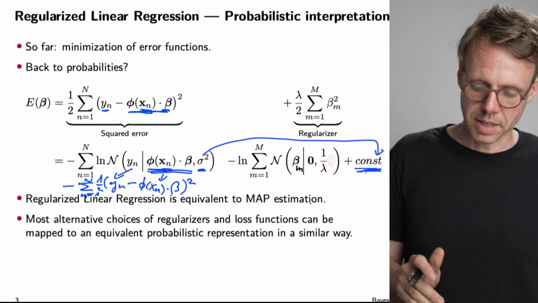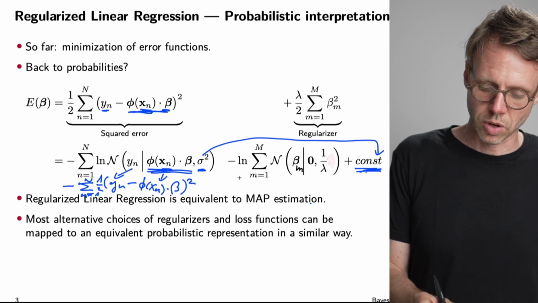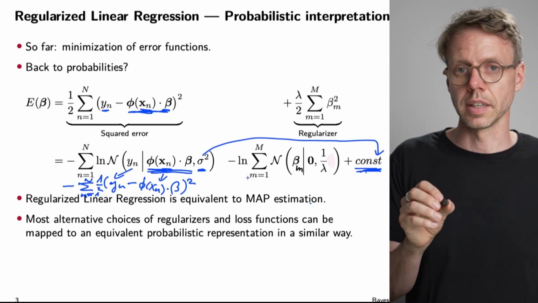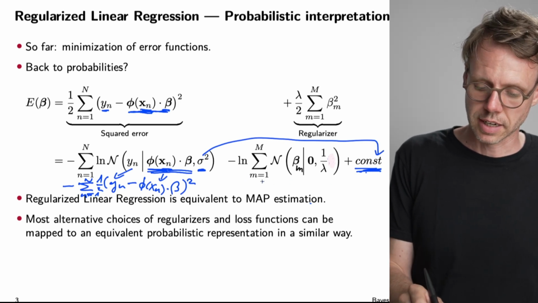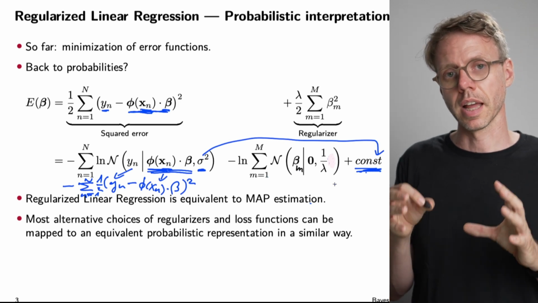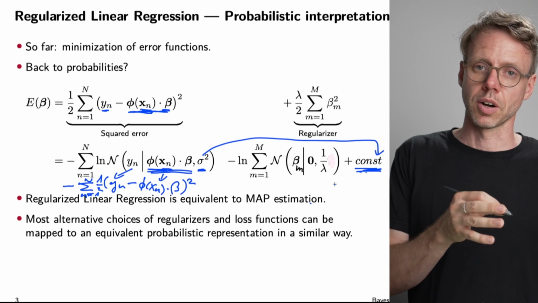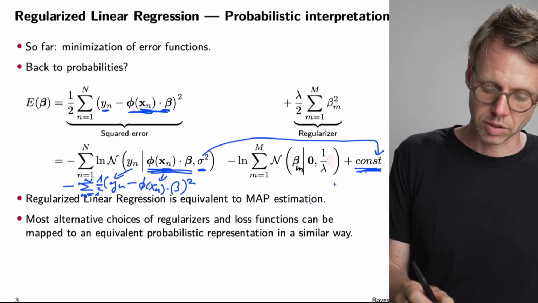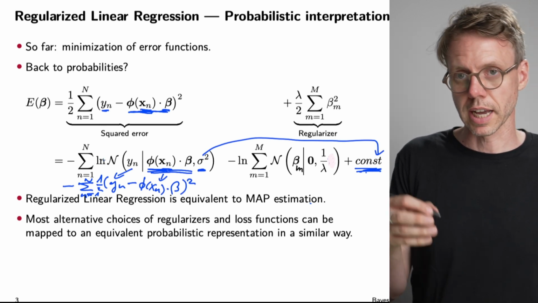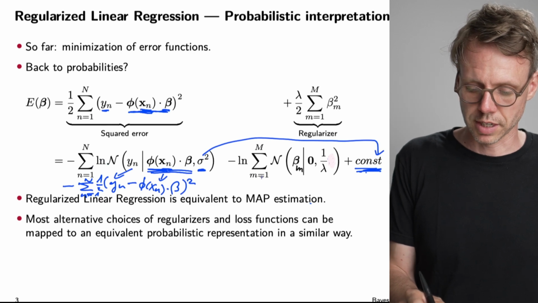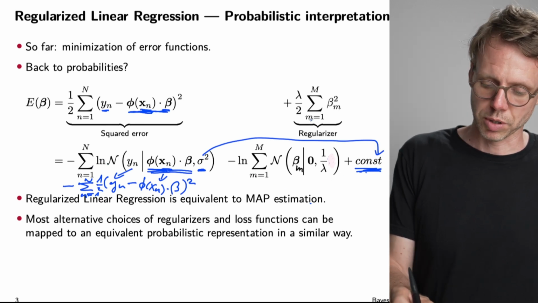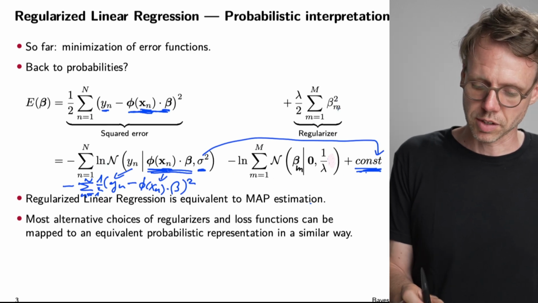At the same time, we also have the regularizer that can be interpreted as a prior distribution over our parameters. So similarly to computing with a log likelihood, we'd compute the log prior, because we have the sum of squares of the regression weights.